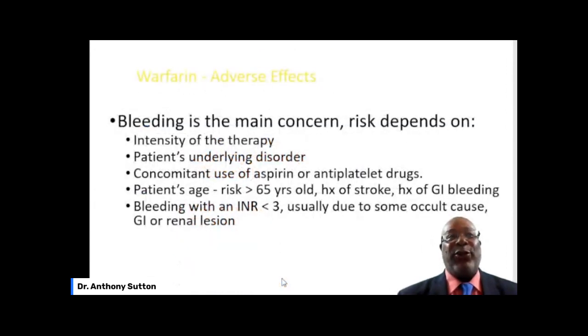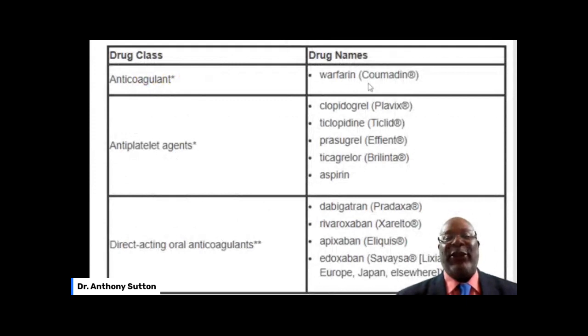Now, what are you majorly concerned about when you think about warfarin, right? You think about someone bleeding too much, right? Especially when you're doing some type of procedure, okay? Now, in terms of what they want to know, you're going to see things like anticoagulants, which we just talked about, warfarin, Coumadin, okay? And then you have the antiplatelets, okay? These are things like Plavix and things like that.